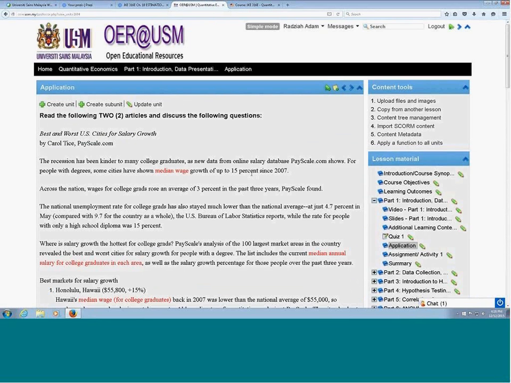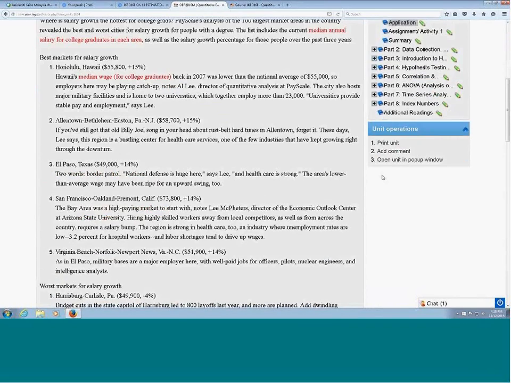And then what is interesting is, especially if you are working, in your line of work, if you are doing business, or even if you are just reading the newspaper, you will come across articles using, for example, the median wage, median annual salary. Why median?